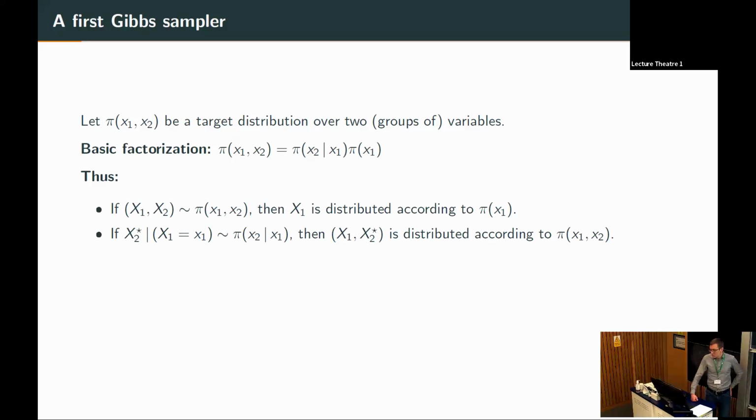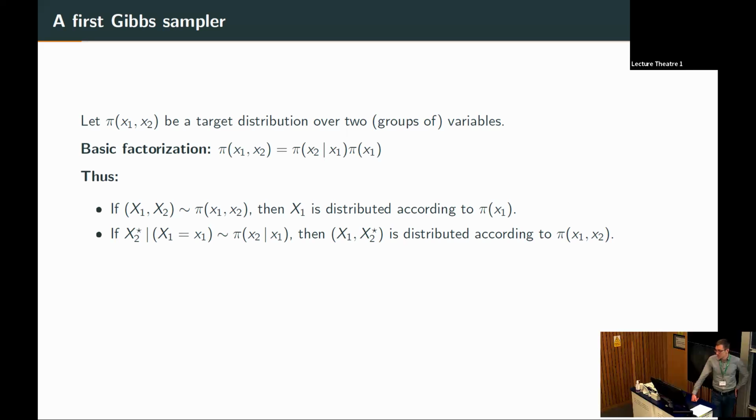That also means that if I have now a sample x1, x2 from this joint distribution, then clearly x1 will be distributed according to the marginal under this joint.